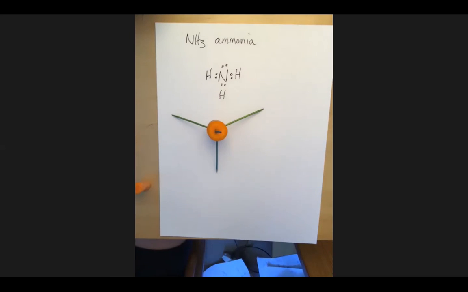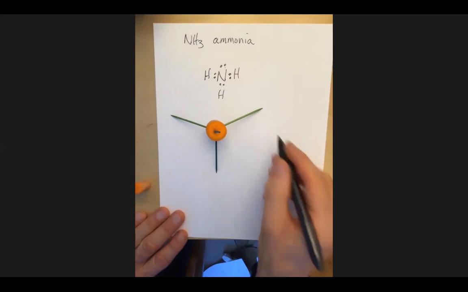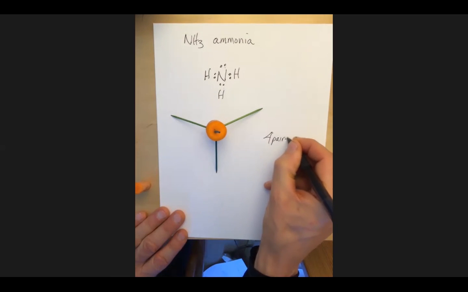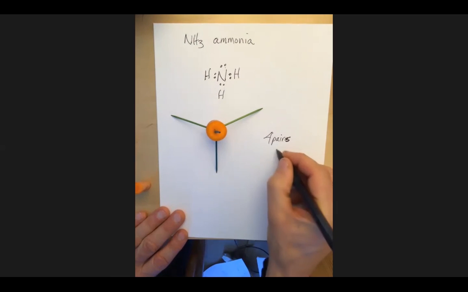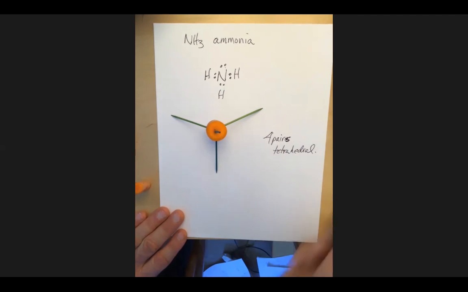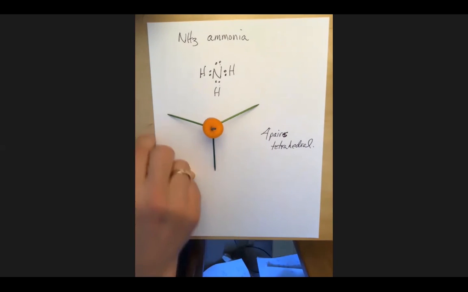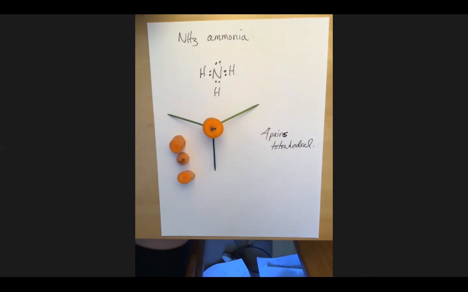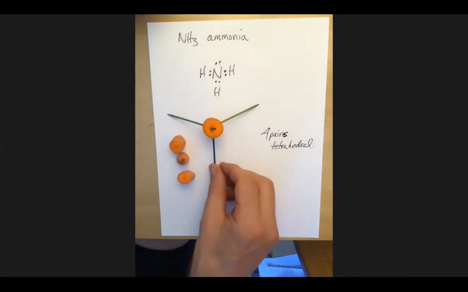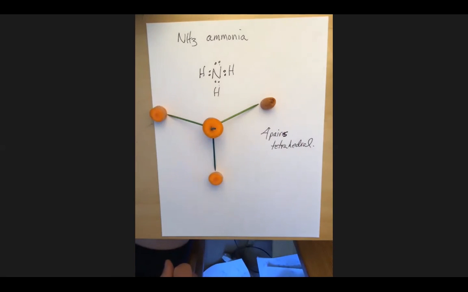And all I'm going to do is say, hey, look, here's this nitrogen. It's got 4 pairs of electrons. They're going to repel each other. 4 pairs. Tetrahedral. Okay. Looks good. And here come my 3 hydrogens. And now you might be able to say, hey, with this tetrahedral, I could put one here, and one there, and that's good.